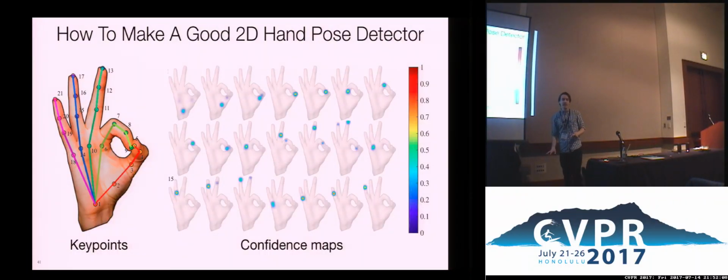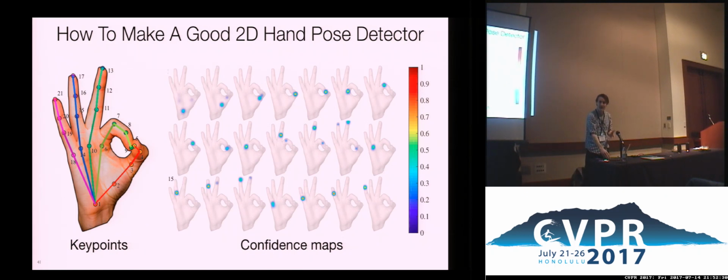Indeed, the method that we're going to use is exactly the same as we use for, say, face detection or body detection. We just have an input image, and for each key point that we want to detect, we produce a confidence map of where we think that key point is. So it's 0 everywhere except where we think the key point is, and there it's a 1, a peak, ideally. So this is exactly the same as faces and bodies.